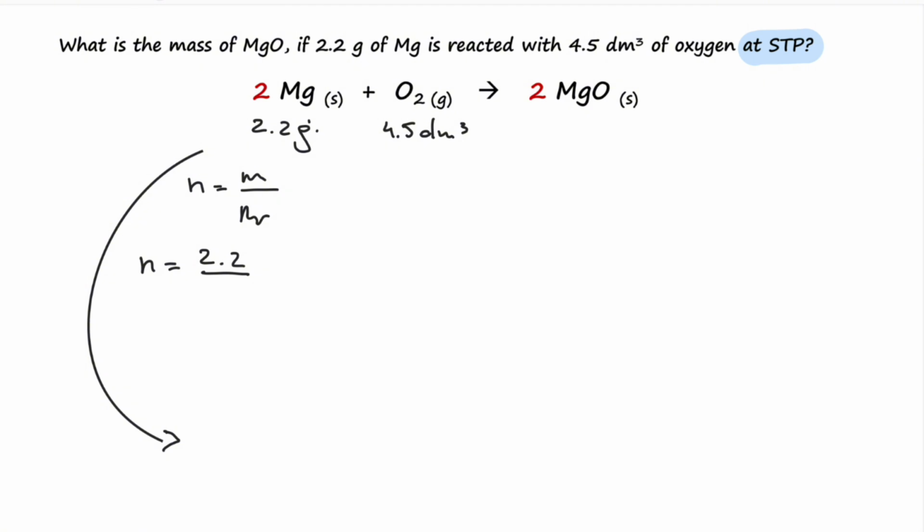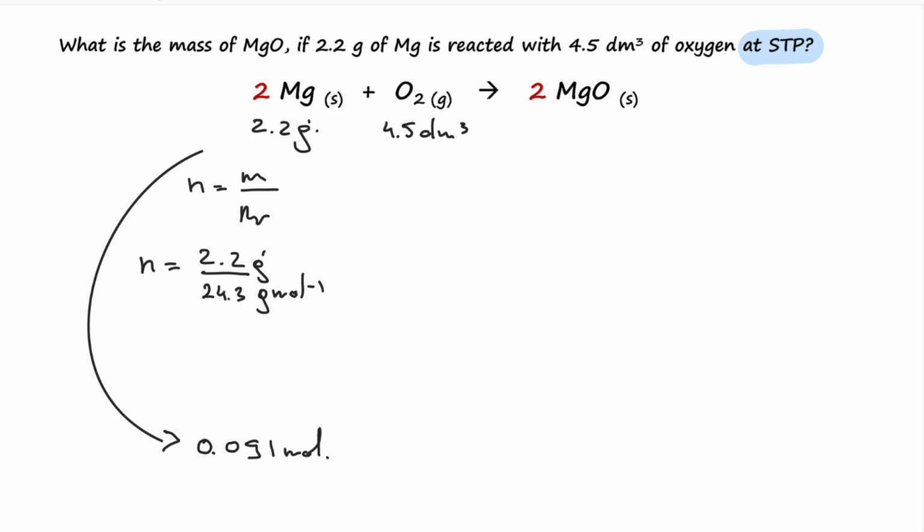So you can divide it by 24.3. Here you will use gram, here gram, mole minus 1. So mole here, guys, will be equal to 0.091 mole.